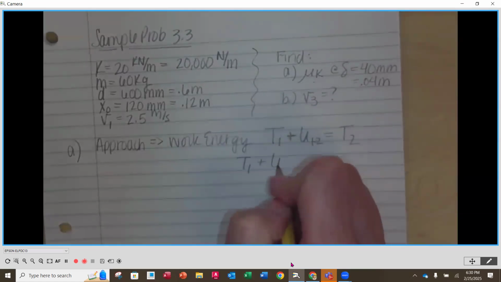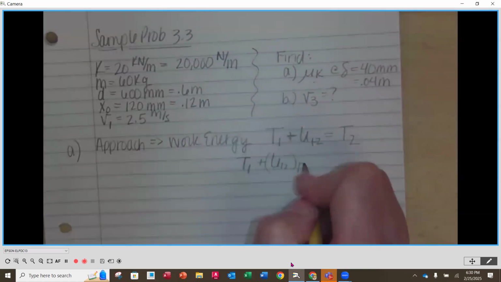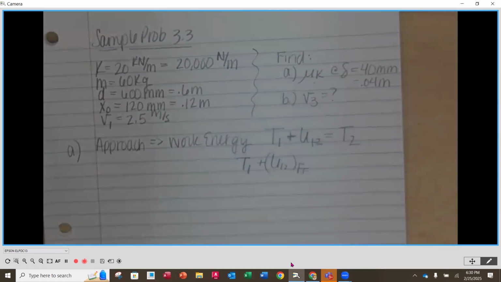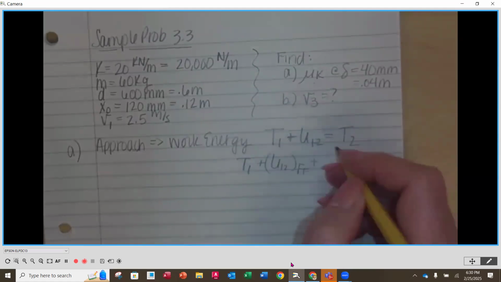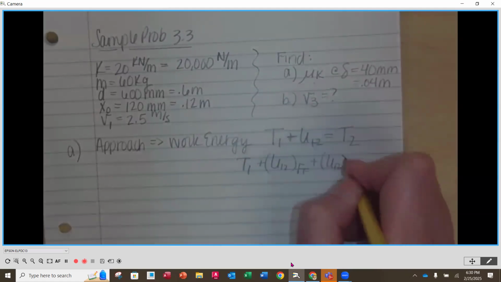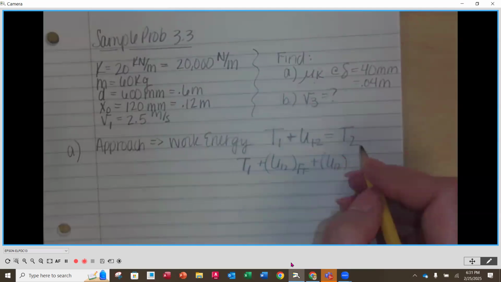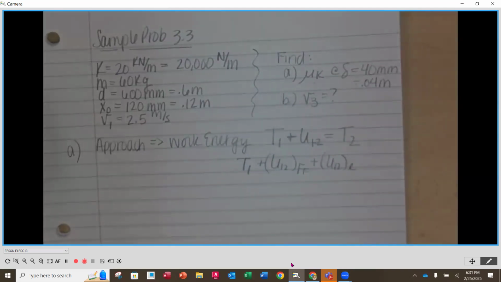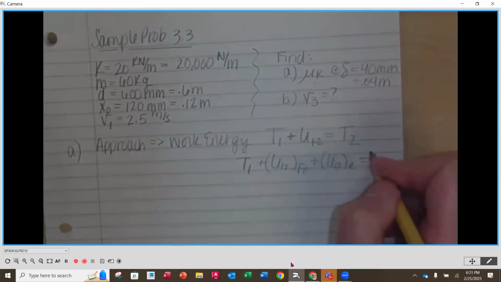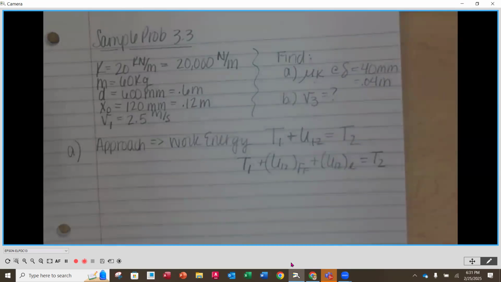So this is going to be the work due to the friction force, F_F, and then we're also going to have work due to the elasticity of the spring, and then equal to T2.